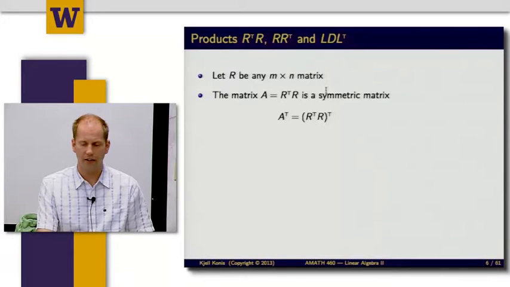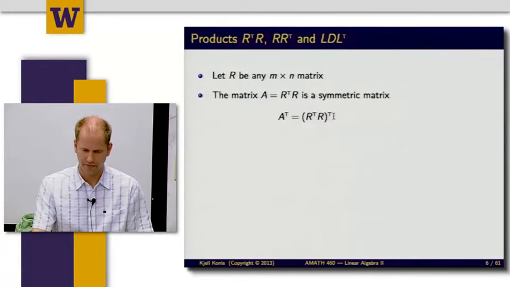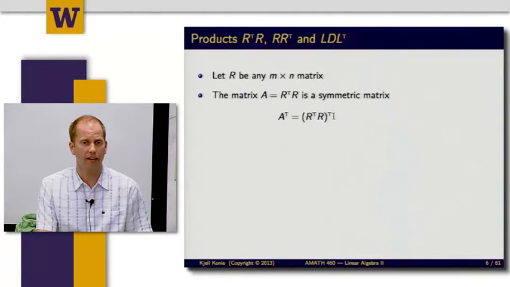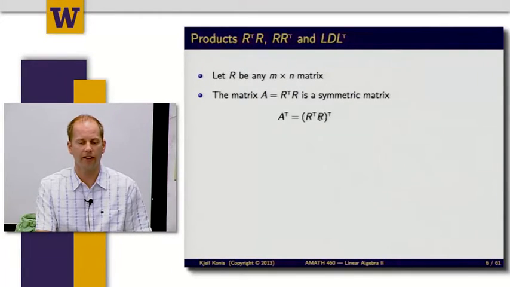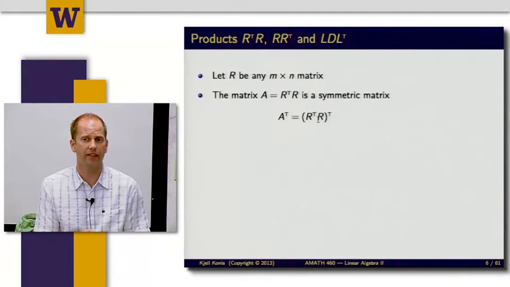So I'll take A equal to R transpose R. Then A transpose is just going to be the transpose of the product R transpose R. Now I want to use the rules that I gave a couple of slides ago for how I can deal with transposes of products. It basically says I take the transpose of the pieces and I get them back in the opposite order.